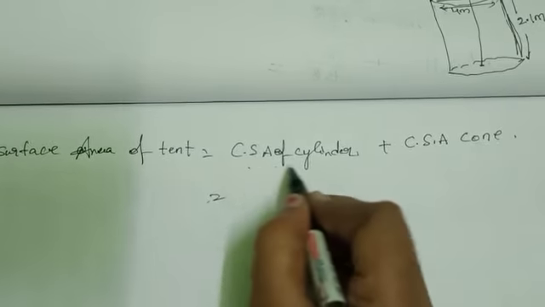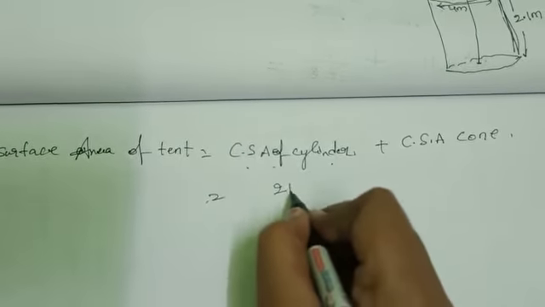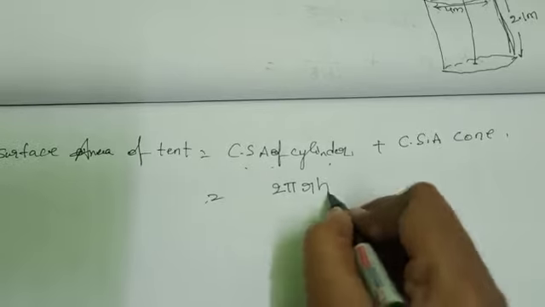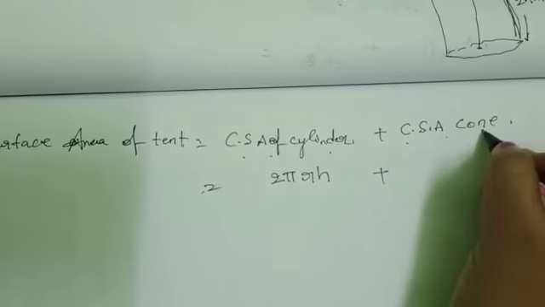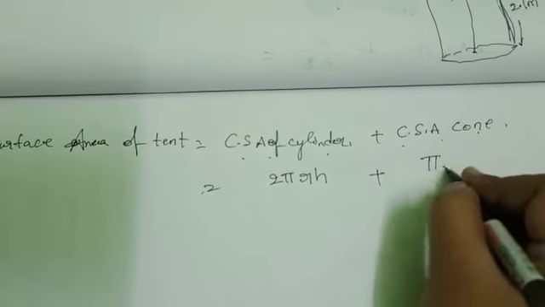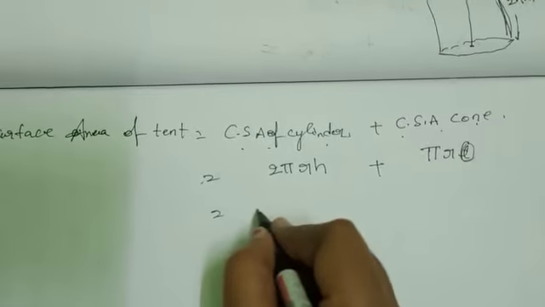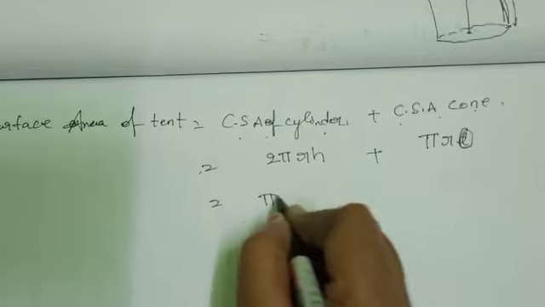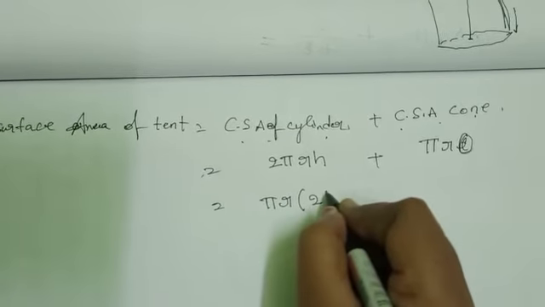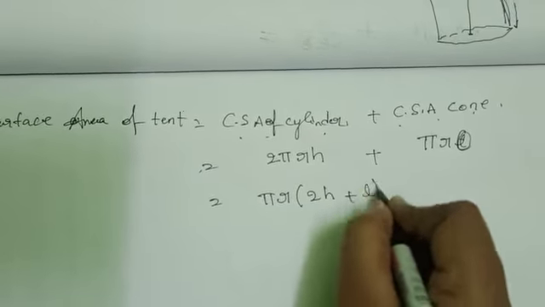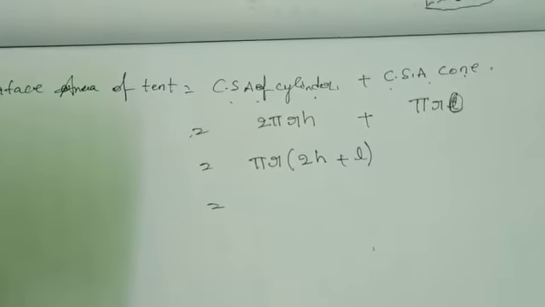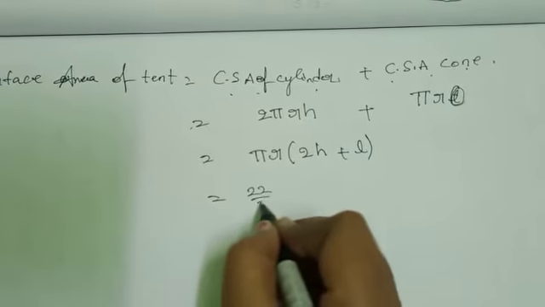What is the curved surface area of cylinder? 2 pi r h. Curved surface area of cone is pi r L. Here L is slant length. Pi r is common: pi r (2h plus L). Pi value 22/7.